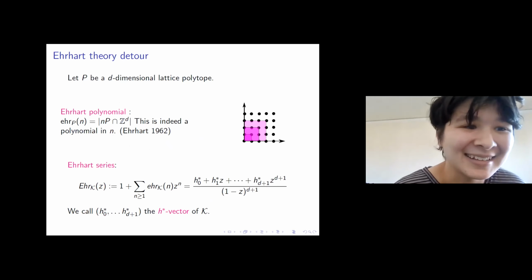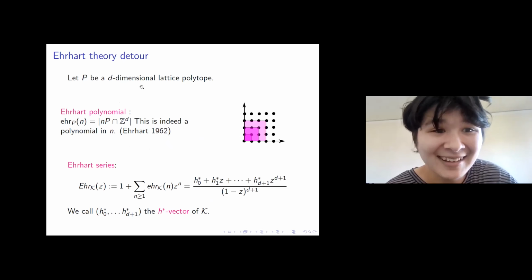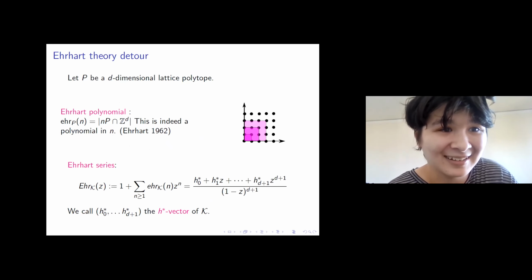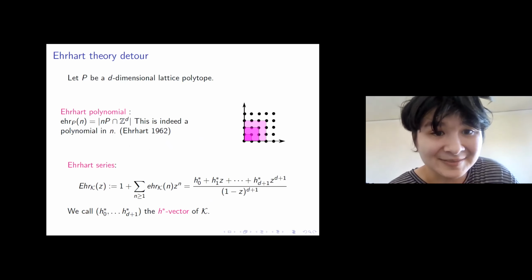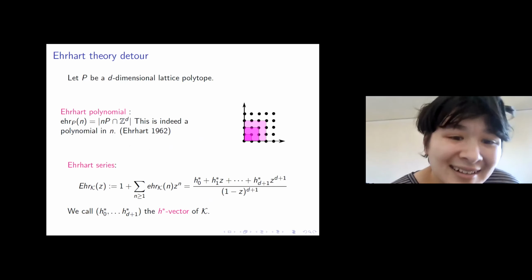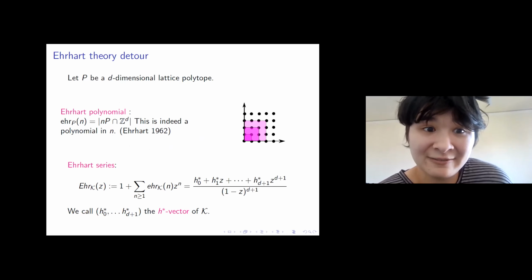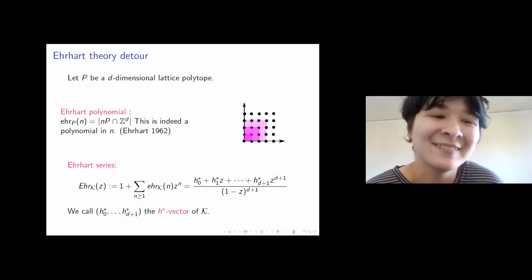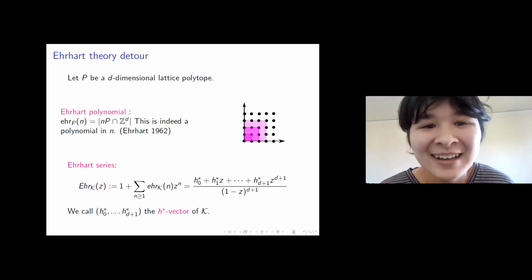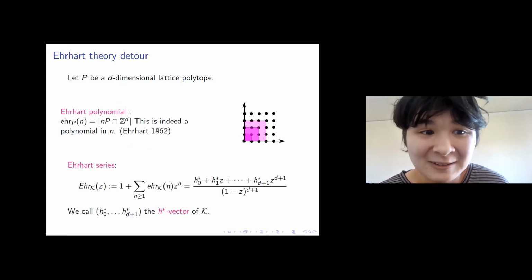Awesome. Thank you, Galen. So we're now going to take a little Ehrhart theory detour. Now it's kind of confusing because poset and polytope both start with P. If you're confused about what the P stands for at any point, please let me know. Here, P is going to stand for a lattice polytope.